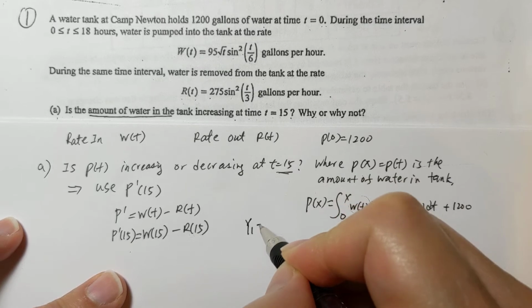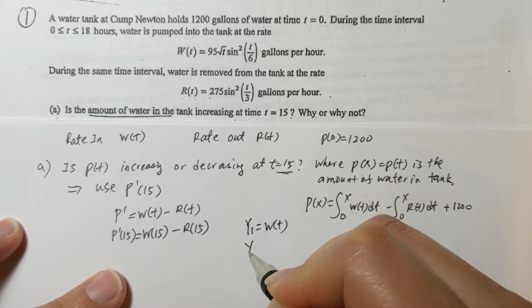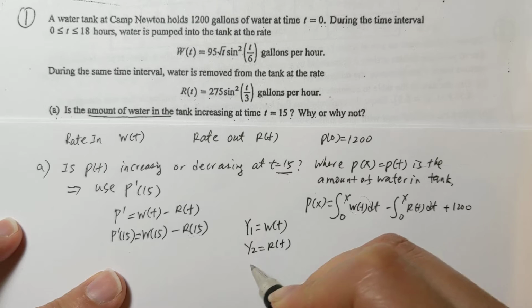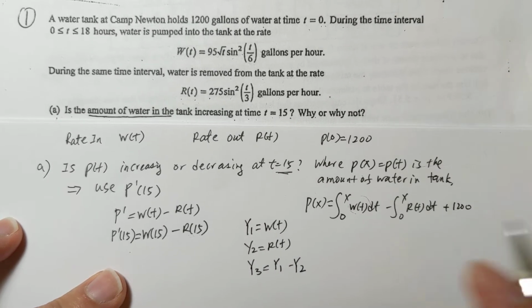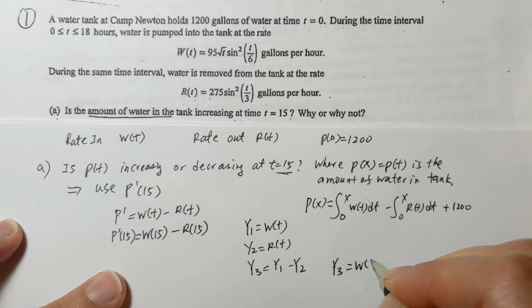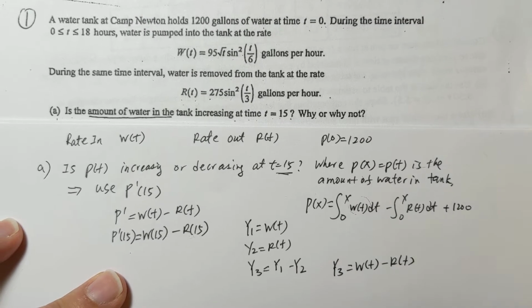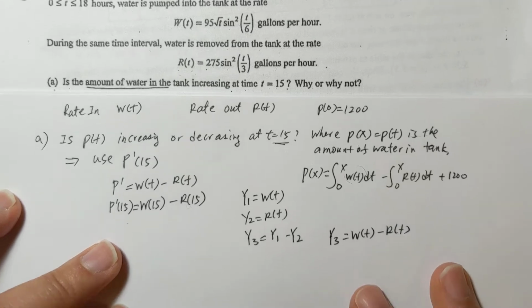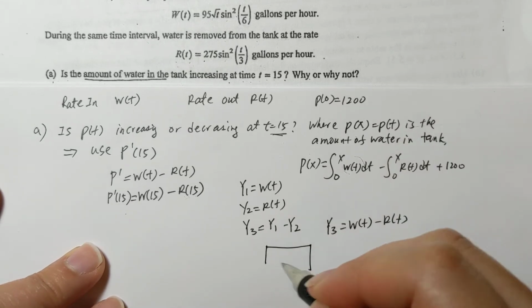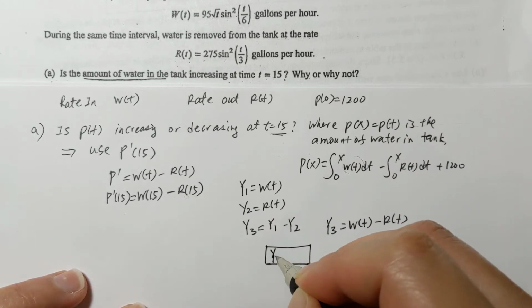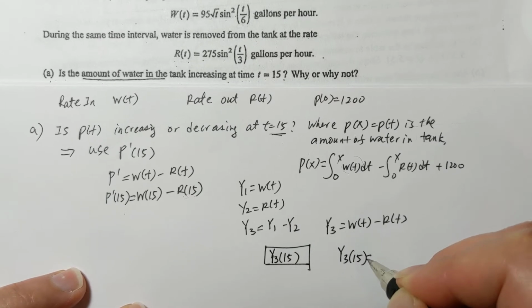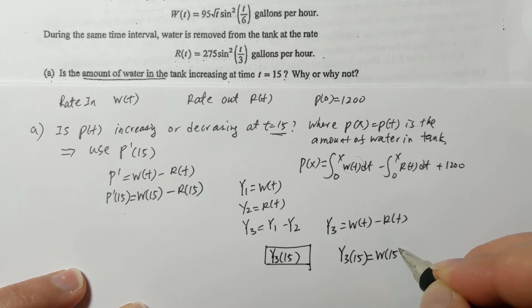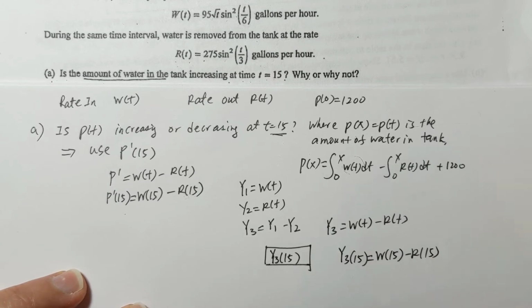My y1 is W(t), my y2 is R(t), so my y3 is W(t) minus R(t). Once I have this, all I need to do is evaluate y3 of 15, which equals W(15) minus R(15). That's what's going on behind the scenes.